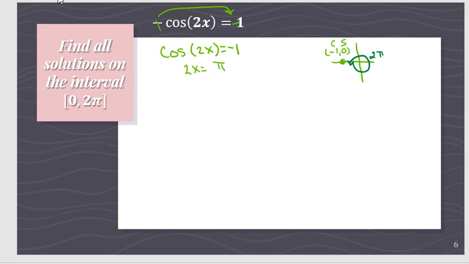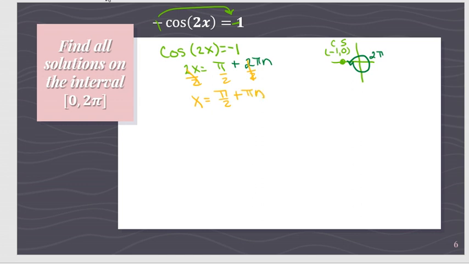So when I set this up, well, you know what? I can use this because I don't have another one. I can just say plus 2 pi n. Now, what I have to do is divide everything by 2, and x is equal to pi over 2 plus pi n.